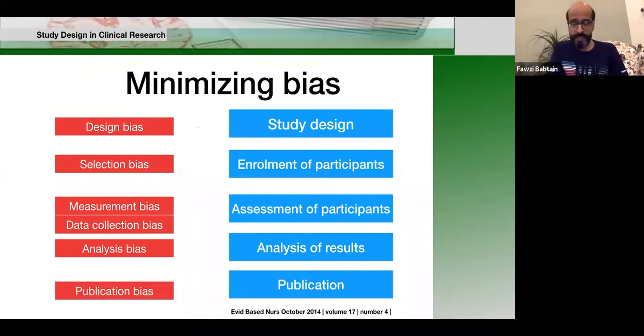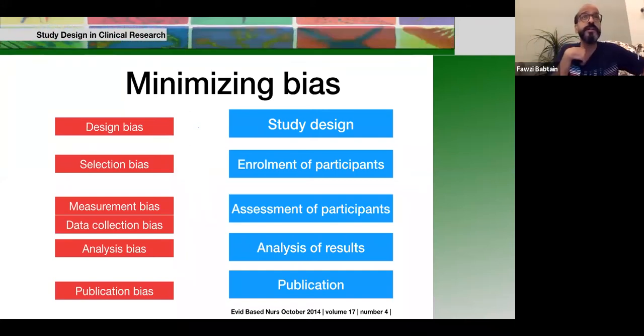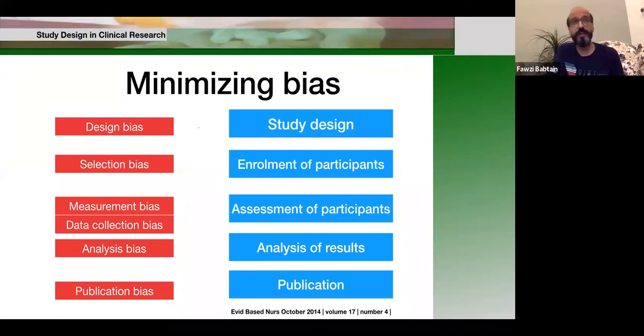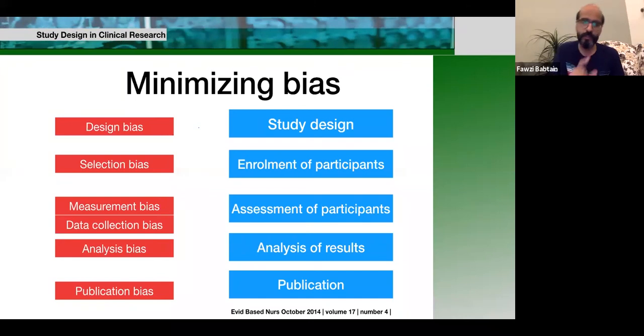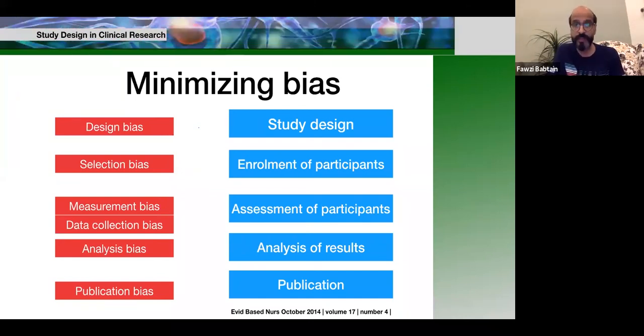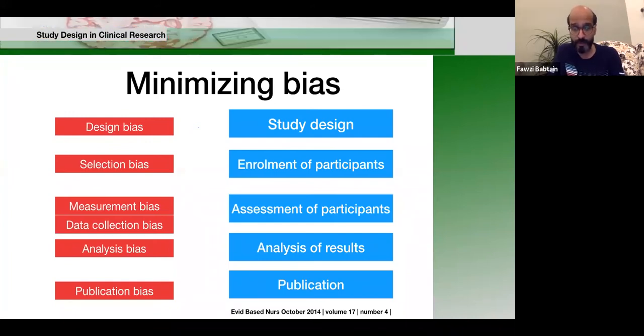Sometimes publication bias. If you are reading an article, you want to study and start doing the literature review, you'll find yourself, for example, looking only into the studies that have a positive effect, and then you may fall into publication bias.